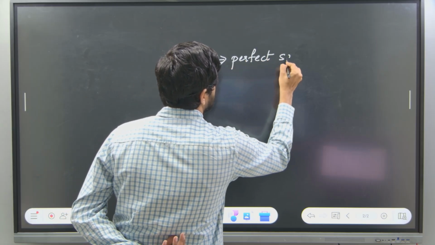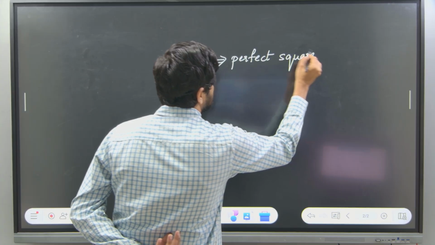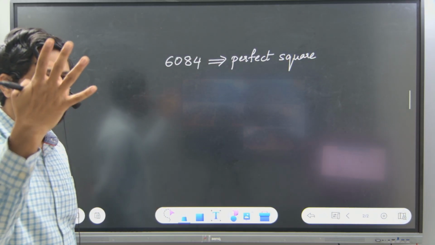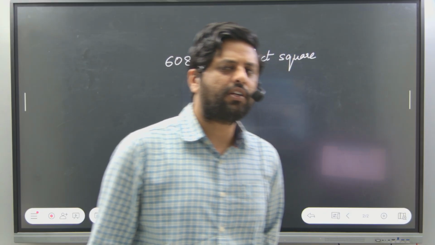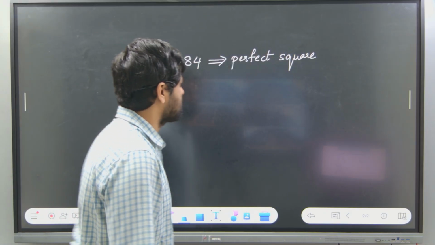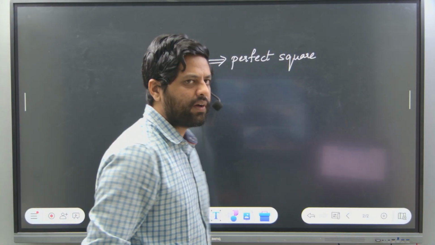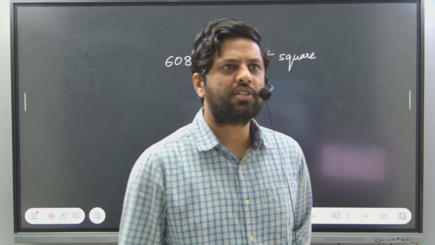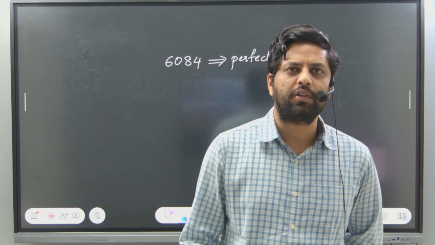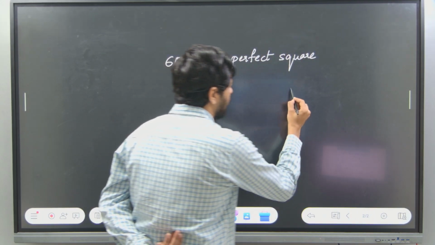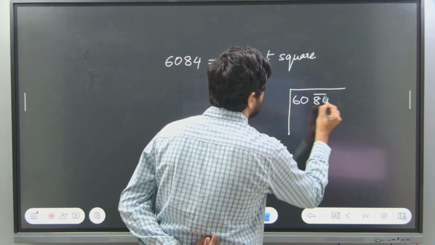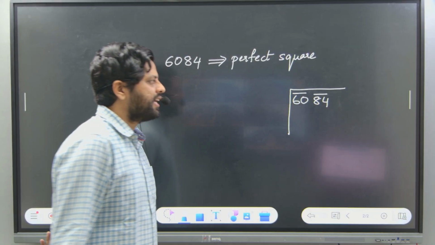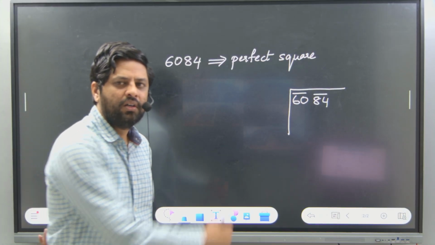Whatever technique I'm teaching you now works only if it is a perfect square. If it is a 4-digit or 5-digit perfect square, let us now be comfortable with 4-digit perfect squares. How will you find the square root of this number? You'll go with the normal procedure, right? I think you go with this procedure, am I right? 6084, you club the digits in pairs, you have learned this in 7th or 8th grade, maybe, if I'm not wrong.